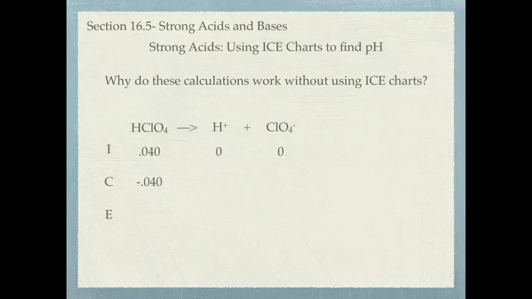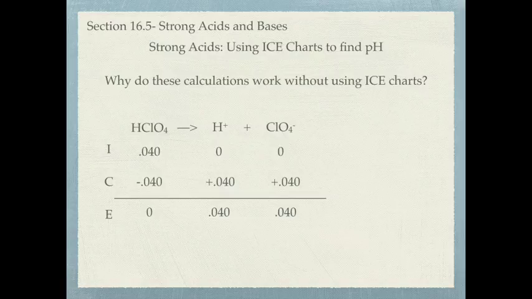And therefore, I already know my X. It's negative 0.040. So it's going to be plus 0.040 and plus 0.040. And so at equilibrium, I have none of my perchloric acid, and I got 0.040 of my hydrogen ions and 0.040 of my perchlorate ions.